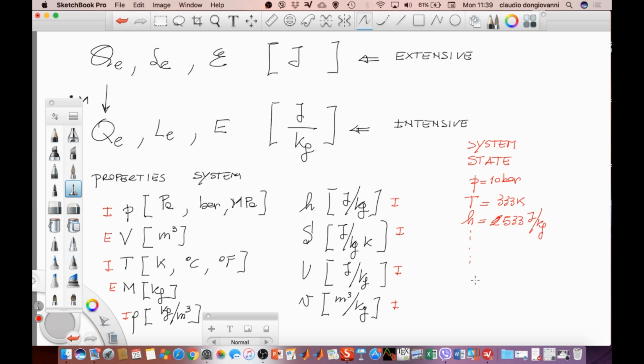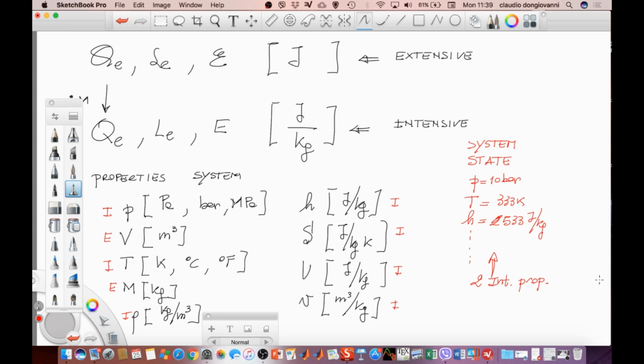The question is, how many of these variables do you have to define in order to be sure that the system is exactly that one? 2, 3, 4? Only 2. If you are able to define 2 intensive properties, the state is totally defined.